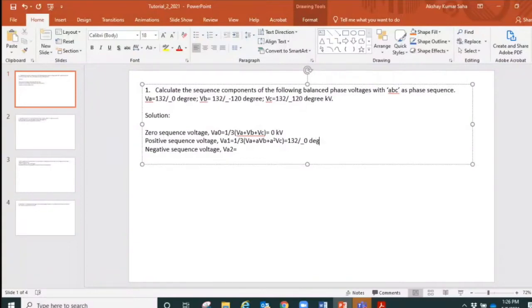Yes. So I want to hear it from others if they are getting 132 kilovolt at an angle 0 degree. You must write the unit along with the answers all the time, otherwise it's meaningless. 132 kilovolt at 0 degree.